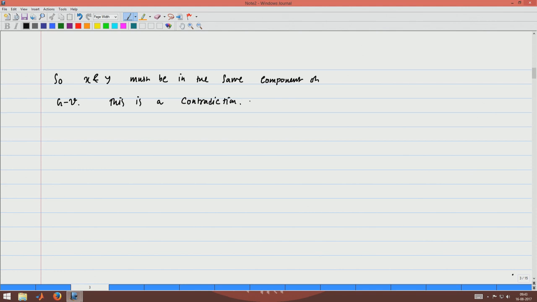So, this is a contradiction to the fact that we assumed that v is a cut vertex of the graph G. Hence, v cannot be a cut vertex. So, G is two connected.